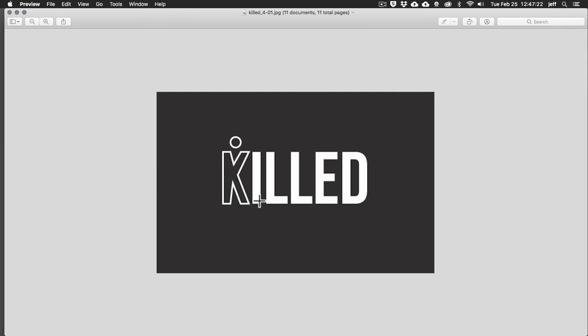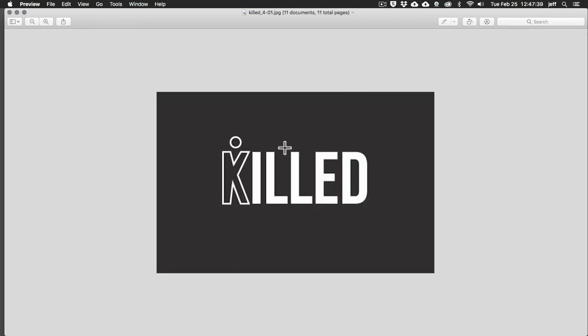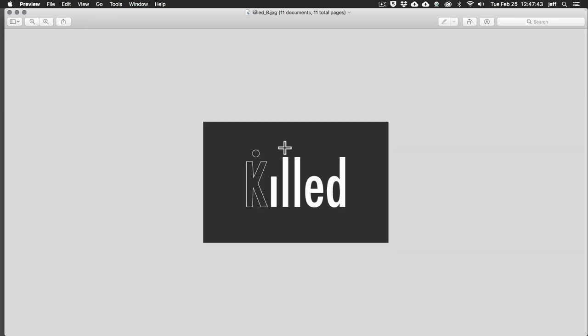I still think the lowercase would have been better myself, only because the dramatic difference between the K plus picking up the dot from the I is a little bit stronger than the final, which he ended up with this one here. But this K with the dot with that lowercase, I think would have worked really well.